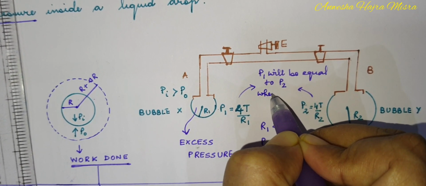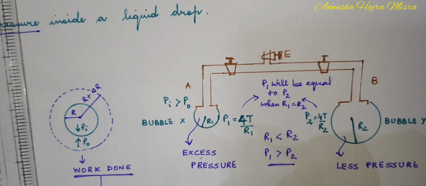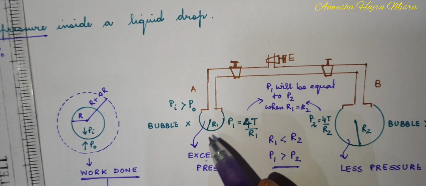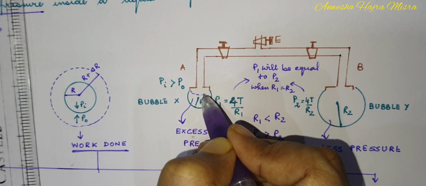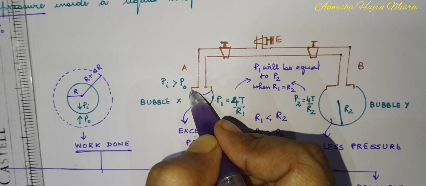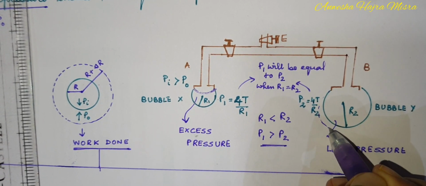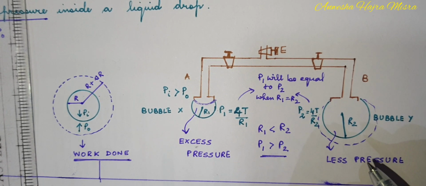when R1 becomes equal to R2. That is, the curvatures will be the same. The curvature of this and the curvature of this will be the same.